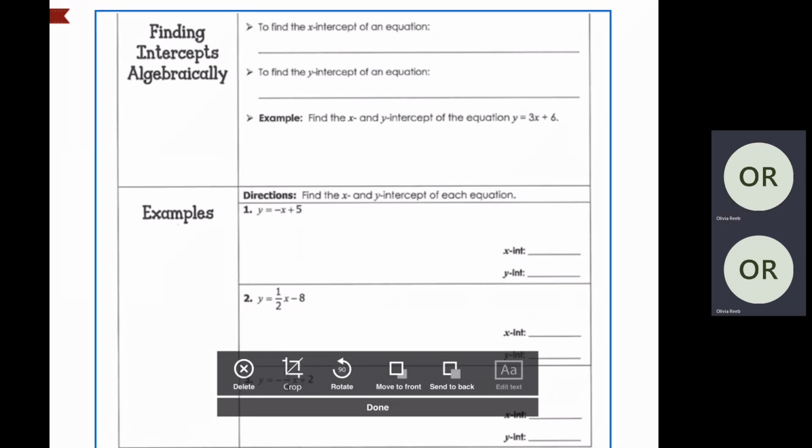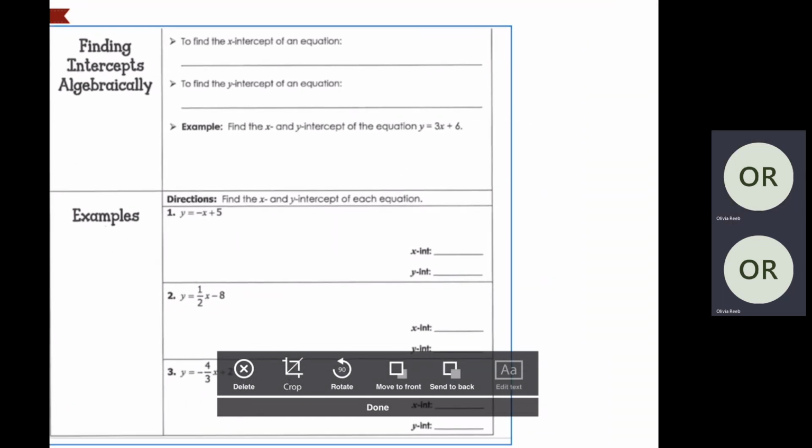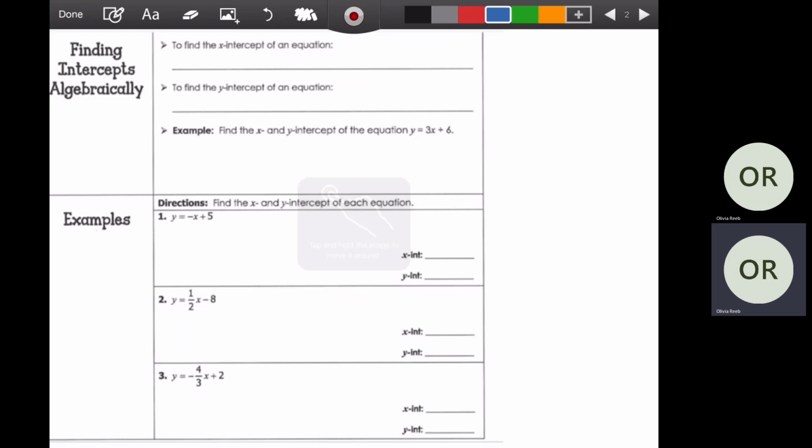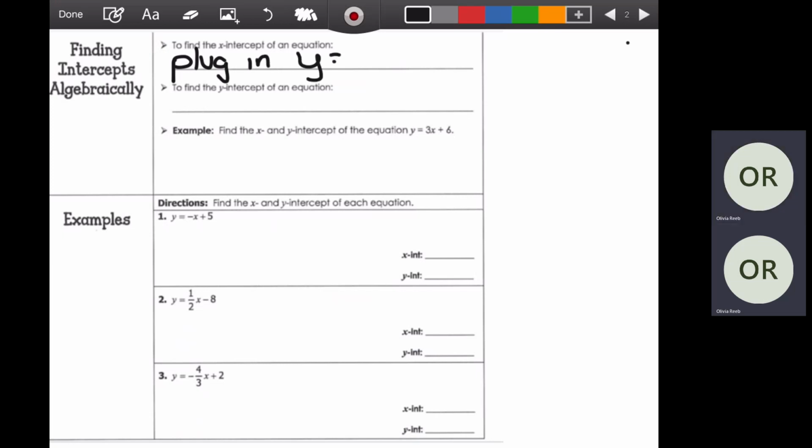Okay, finding intercepts algebraically. To find the x-intercept of an equation, you plug in y equals 0.